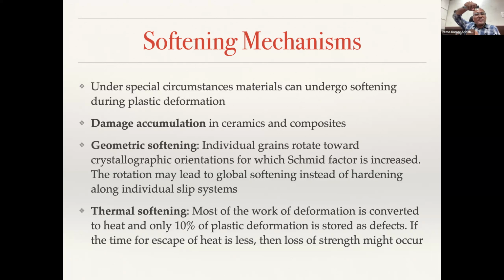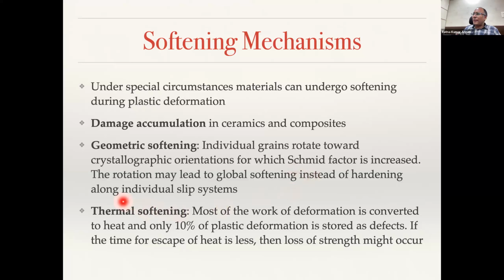Until then the material is showing hardening because of the dislocation interaction. Suddenly the Schmid factor has become so high, you will not require so much high force and hence you will see softening in the material.